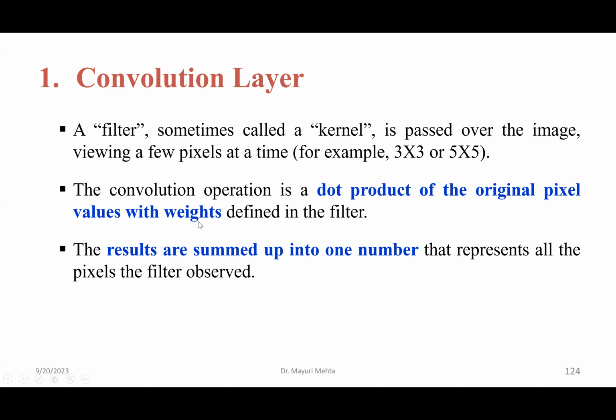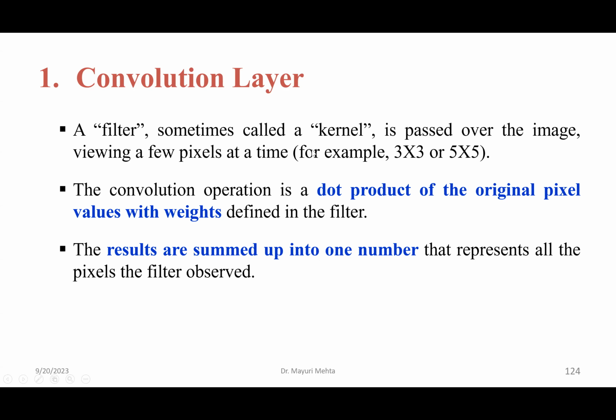So we multiply input values with weights, which is what we do in a traditional neural network, right? Input values are multiplied by weight values. So here also, in the convolutional layer, the convolution operation is carried out. And what is it? It is a dot product of the original pixel values with weight values defined by the filter, which is usually of size 3 cross 3 or 5 cross 5.